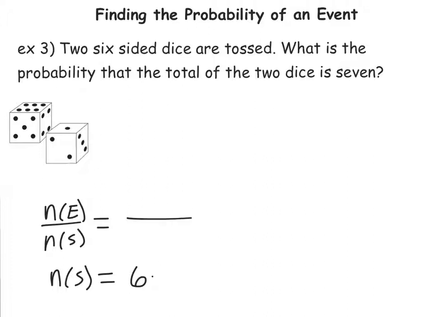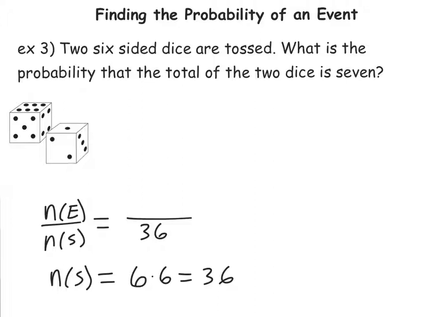So if we do 6 times 6, here's a case where I'm not interested in listing out all the elements of the sample space. I could do it if I wanted, but there's 36 of them, so not interested. But I do want that number for the bottom of my probability. When I roll 2 dice, there's 36 different outcomes that I could get.